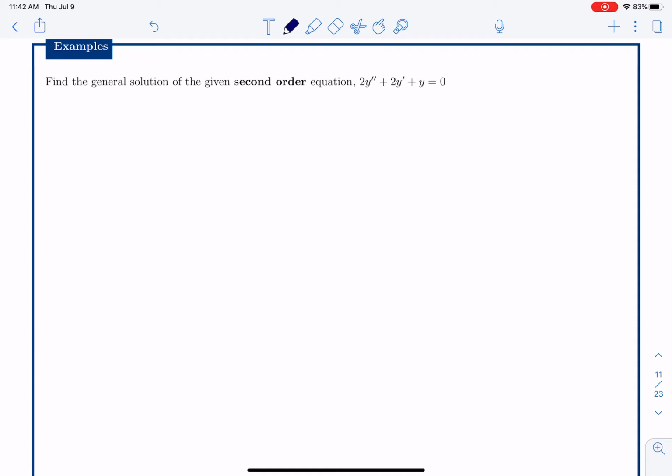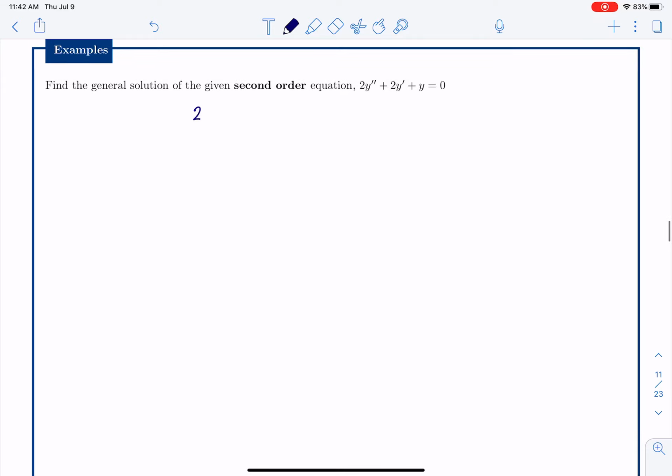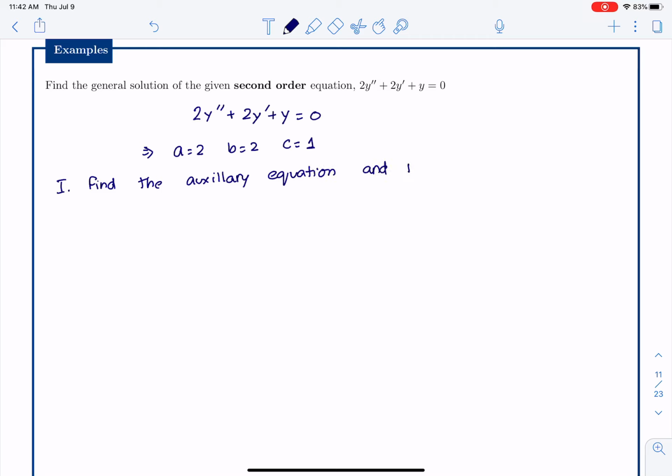So here we have a second order equation with constant coefficients, a homogeneous equation. 2y double prime plus 2y prime plus y equals 0, which would imply a is 2, b is 2, c is 1. They're all constants, so we find the auxiliary equation and its roots.